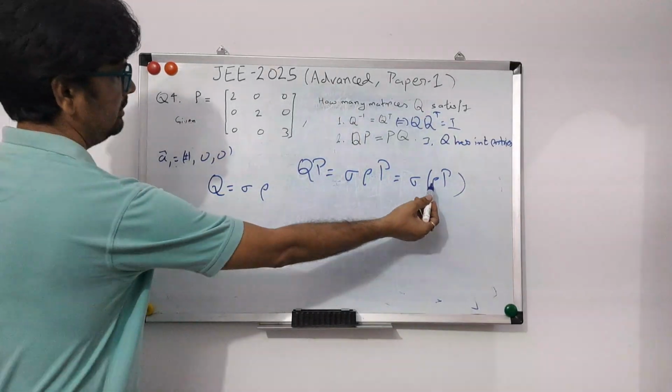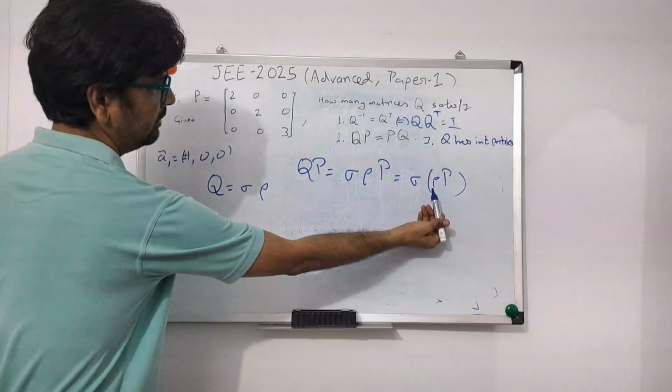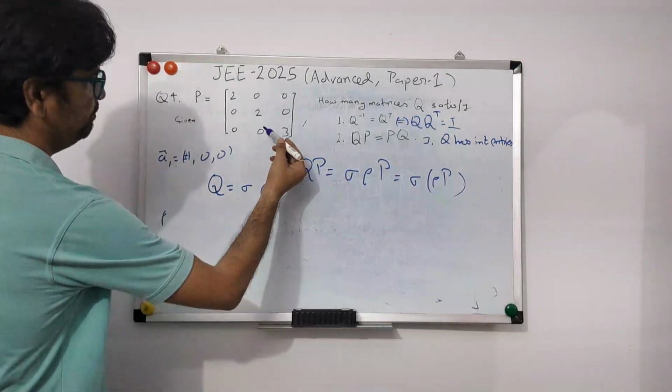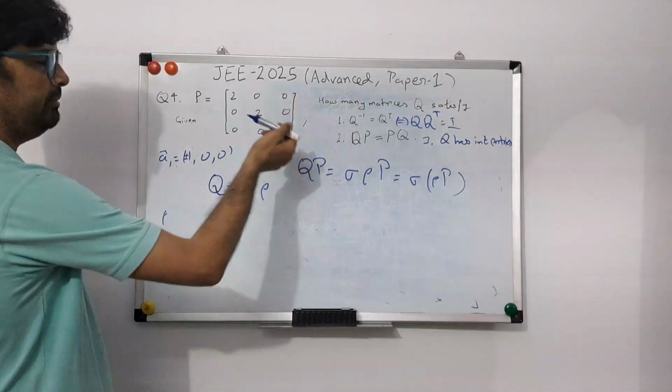The effect of multiplying rho before P is permuting the rows of the P matrix.